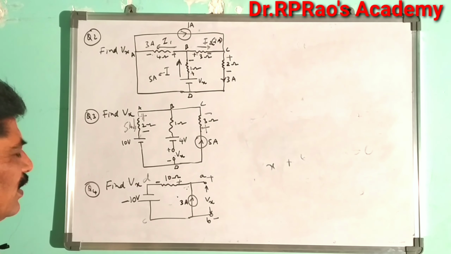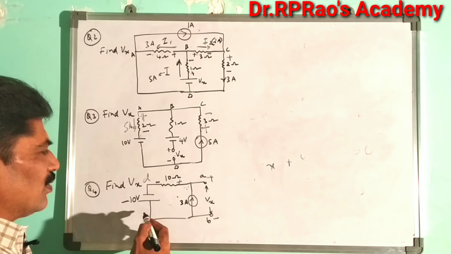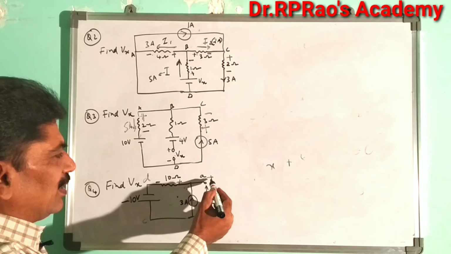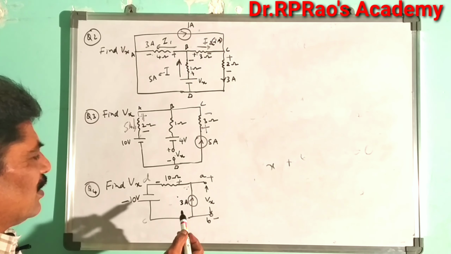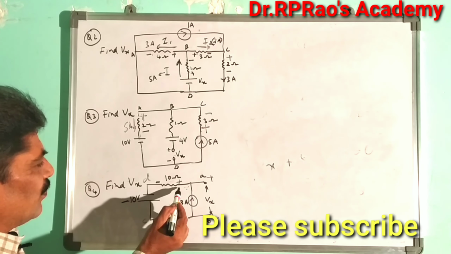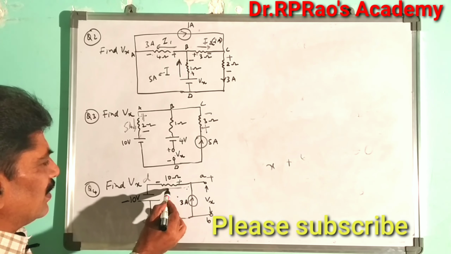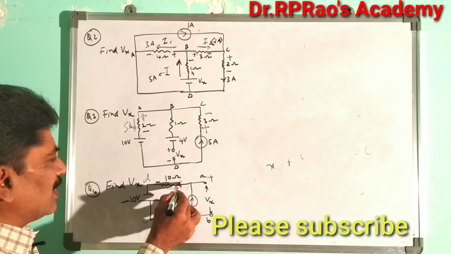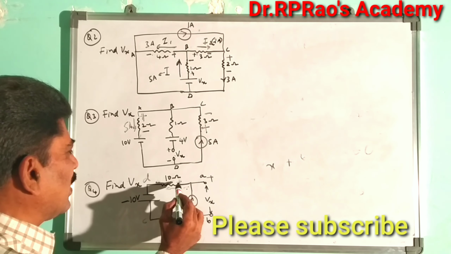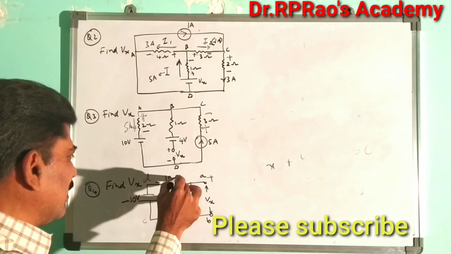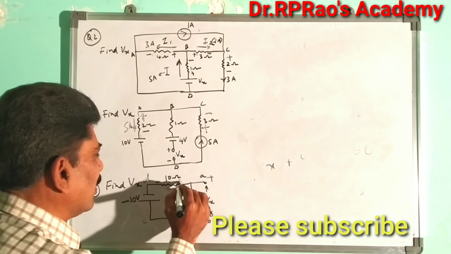Next, coming to the fourth question now. Current source is there and voltage source is there, and you are asked to find the potential difference between A and B. So current 3 amperes will flow through this. The polarities are plus and minus. Since it is an absorbing element, it should enter the positive terminal.